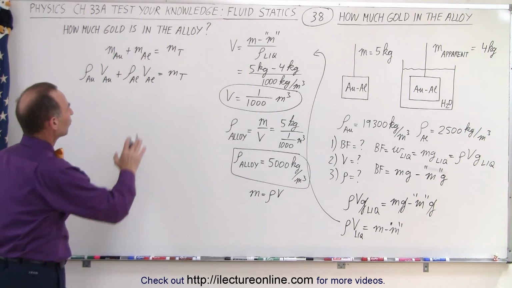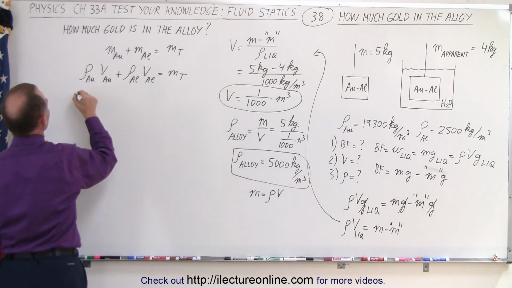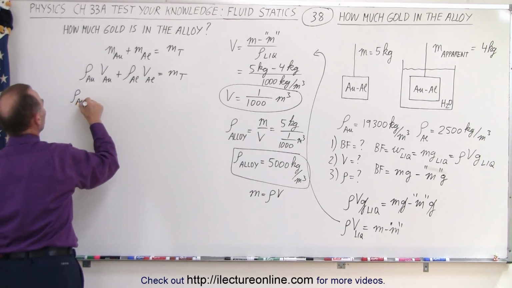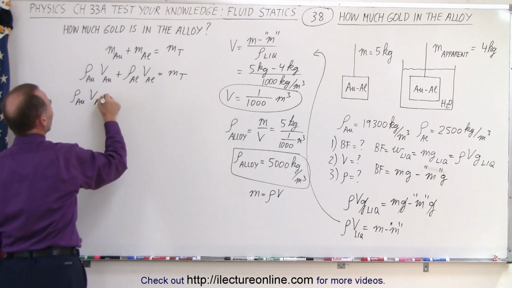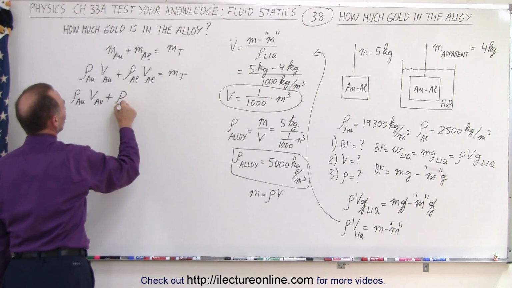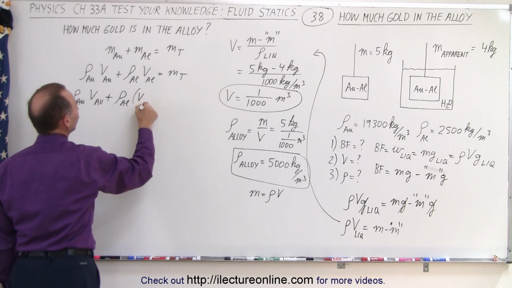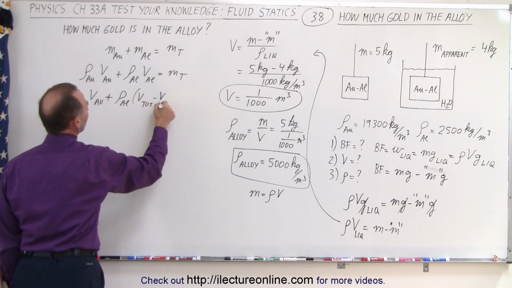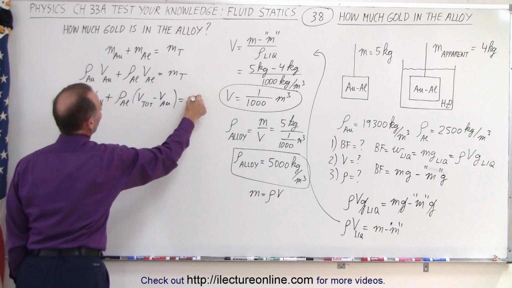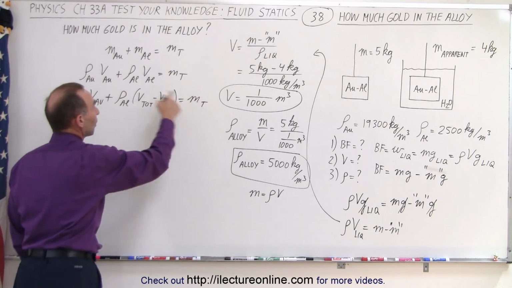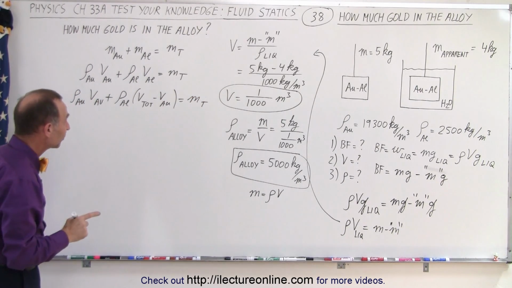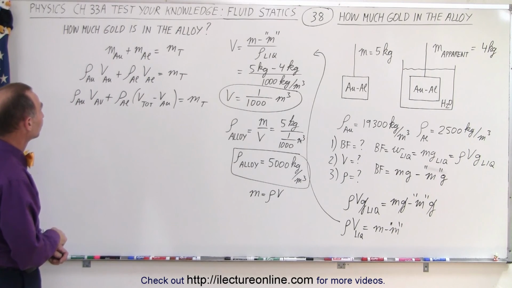Okay, now the volume of the aluminum, well, we can write it like this. The density of gold times the volume of gold plus the density of the aluminum times V total minus V of the gold equals the mass total. And now notice that I know everything in here except the volume of the gold.